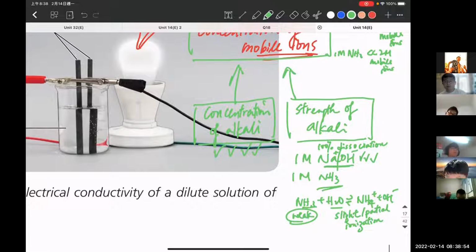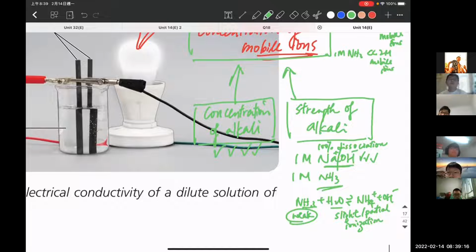If you talk about acid, of course, acid can also conduct electricity because of the presence of mobile ion. Acid molecules themselves cannot conduct electricity, but in water, they can, because of ionization.